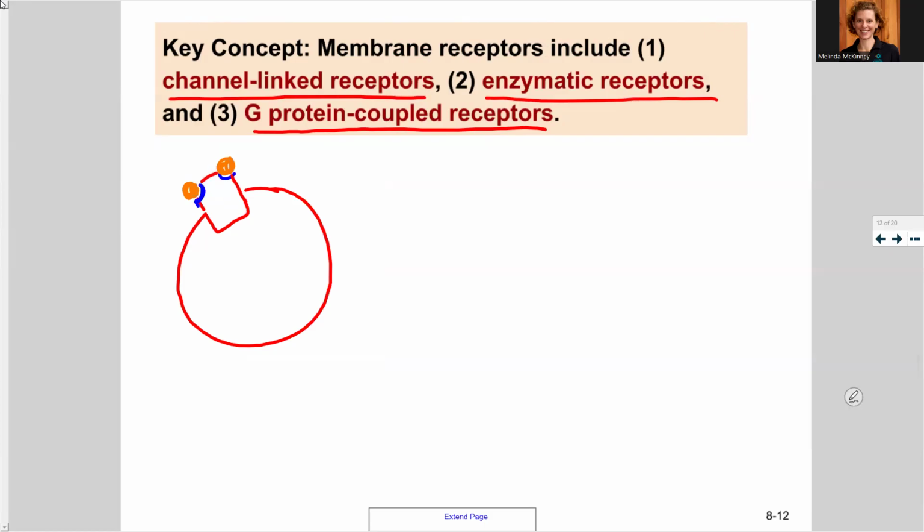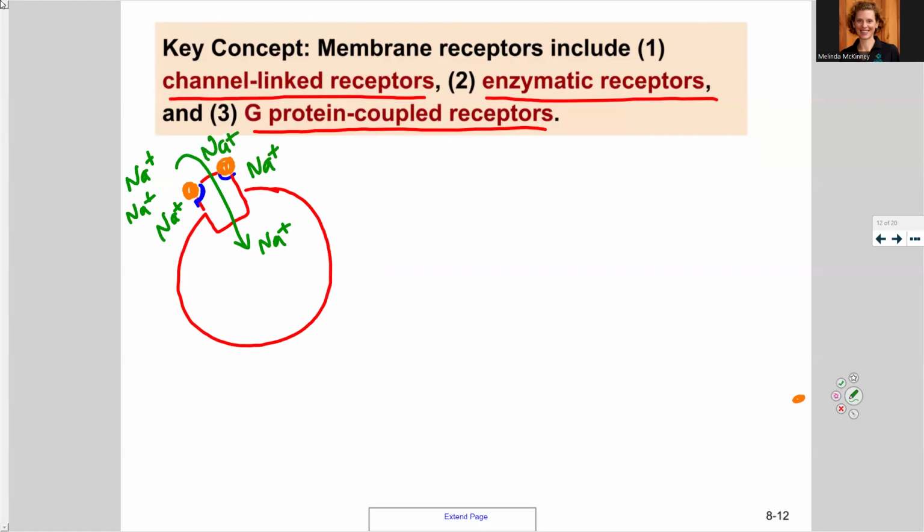All right. So let's say sodium channel, sodium. And this channel might open in response to receiving these signals. All of a sudden, sodium, if there's a whole bunch outside, it will pour into the cell in response to this ligand binding.